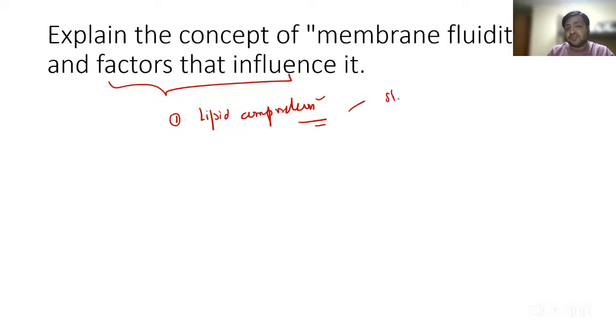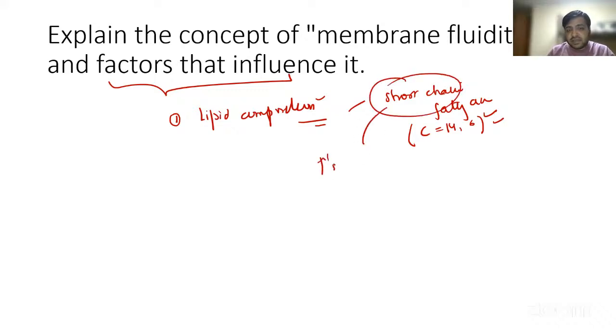For example, we have short chain fatty acids, with carbon number from let us say 14 to 16. They result in increased fluidity, because shorter chains have less interaction between them, allowing them to move freely.